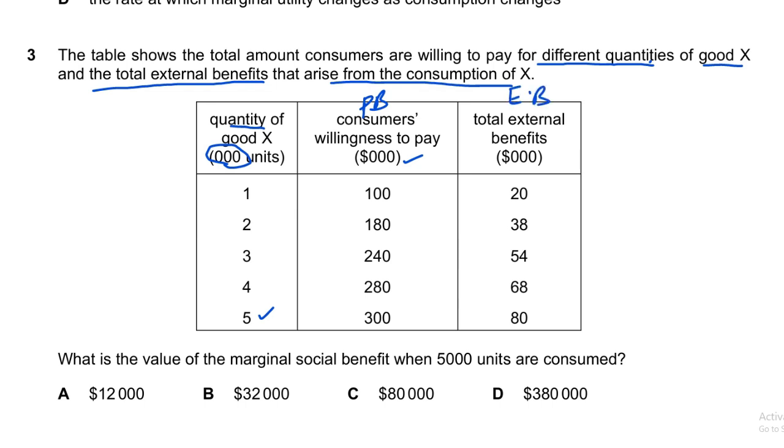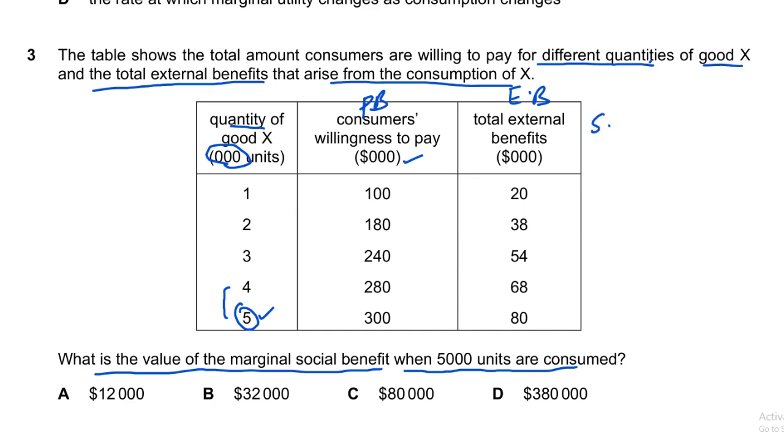The examiner asks, what is the value of marginal social benefits when 5000 units are consumed? For marginal social benefits, you have to find the change in social benefits from 4000 to 5000 units.